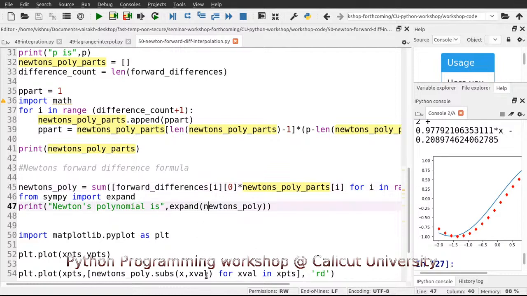Probably the only thing left is curve fitting, which I will try to show once. Instead of constructing all these things, we have constructed Newton's polynomial, Newton's forward difference polynomial, and Lagrange interpolation polynomial.